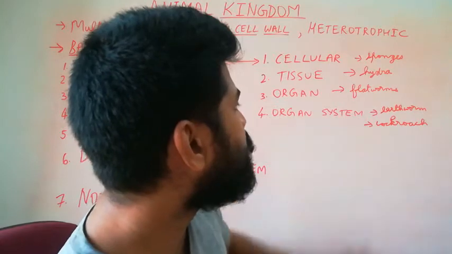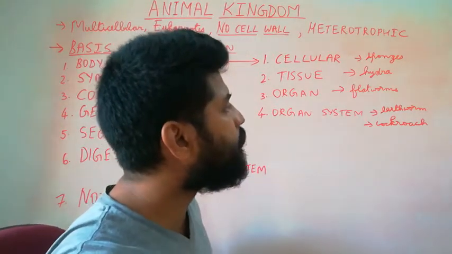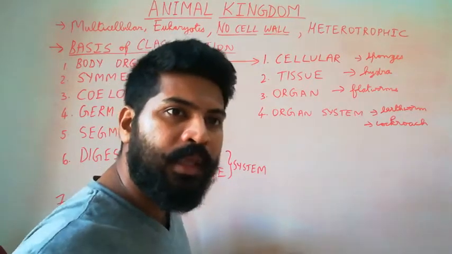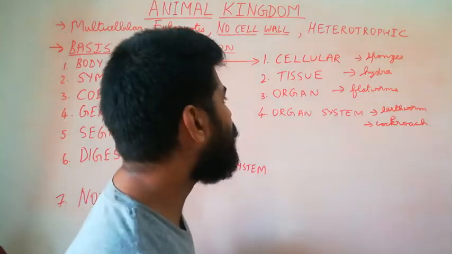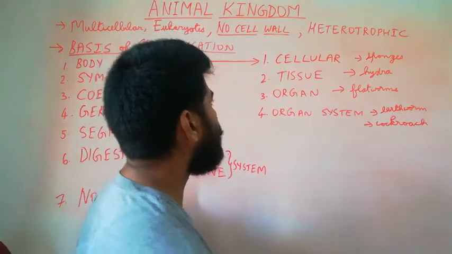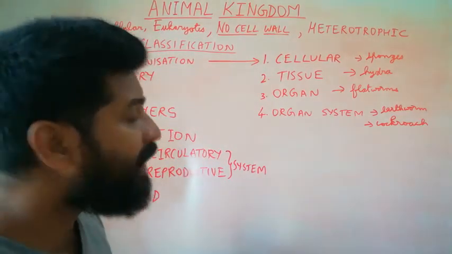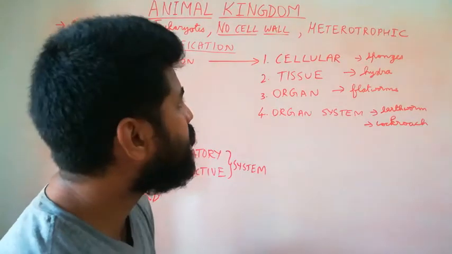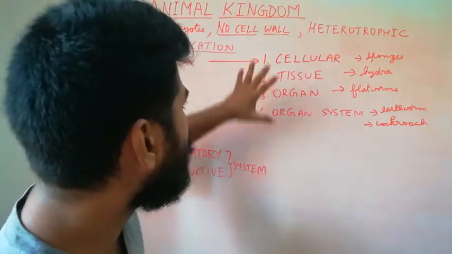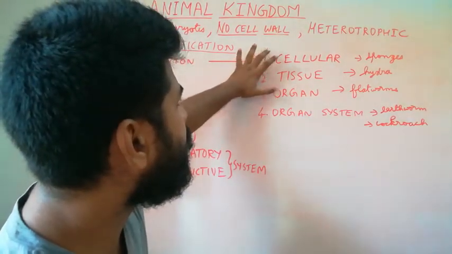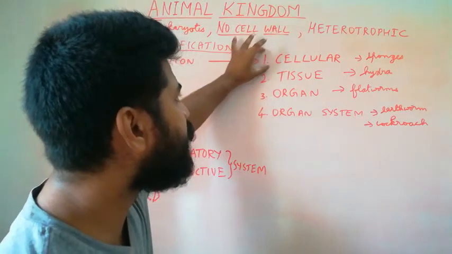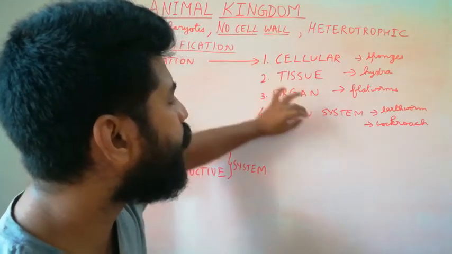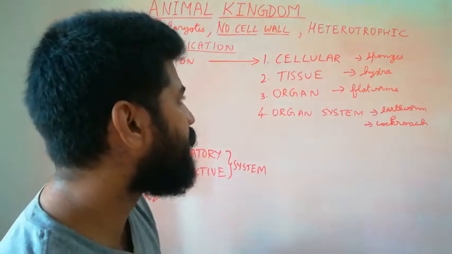That is what is called as the organ system level of organization, where different organs they combine and perform the task. So animals can be classified on this basis, if they have a cellular level of organization, or whether they have a tissue, organ or organ system level of organization.